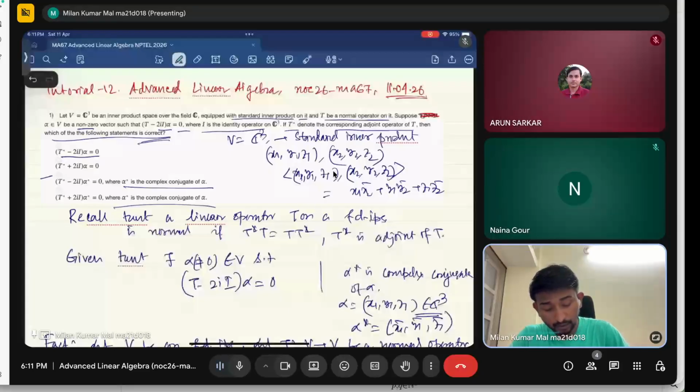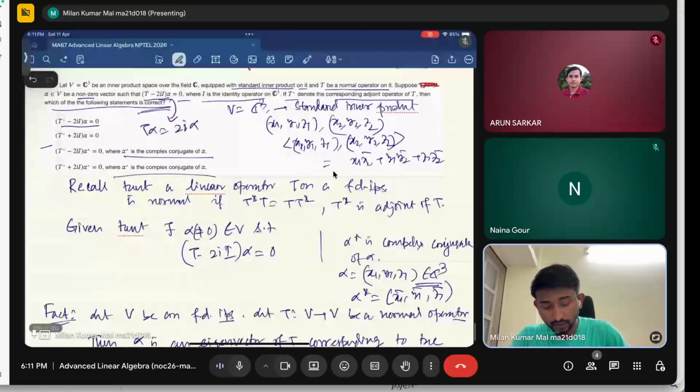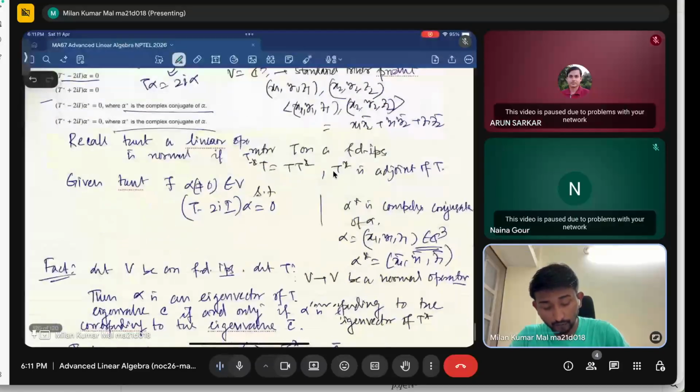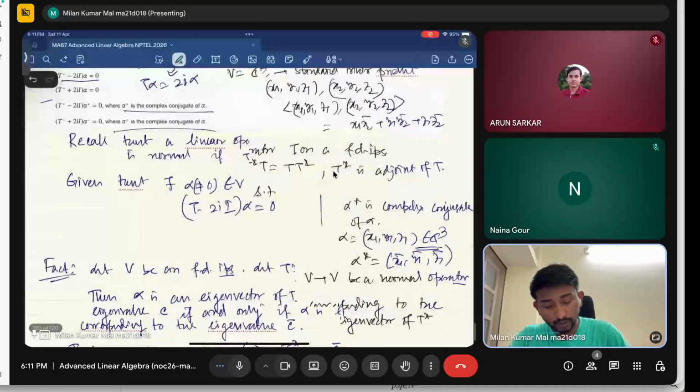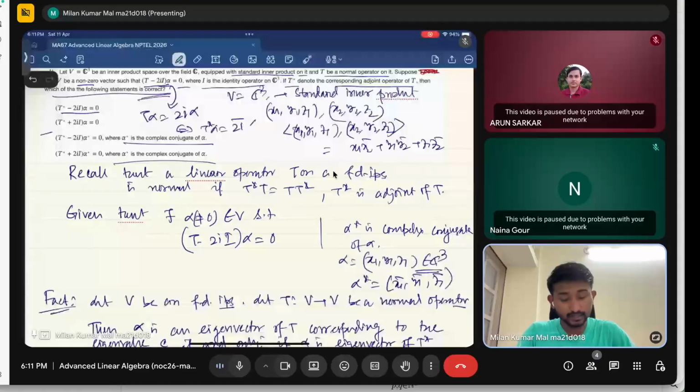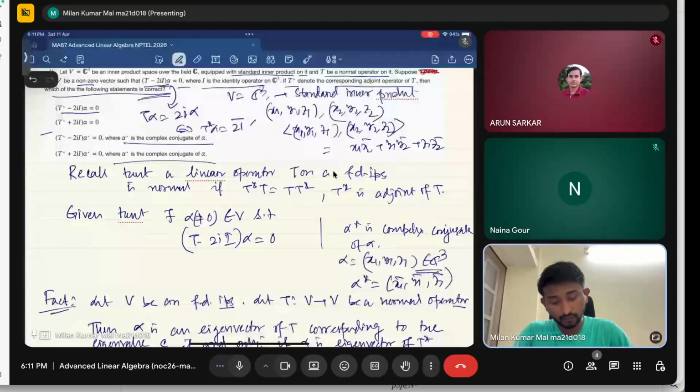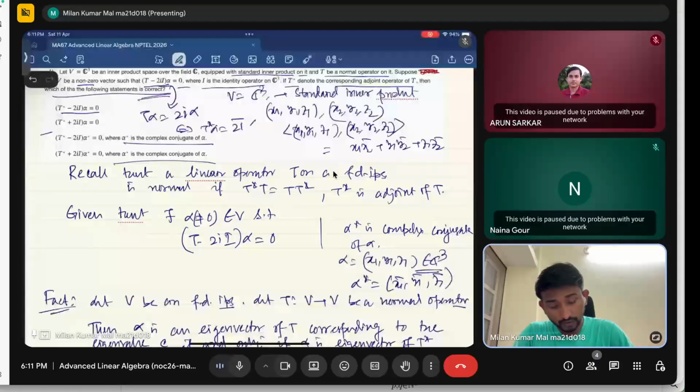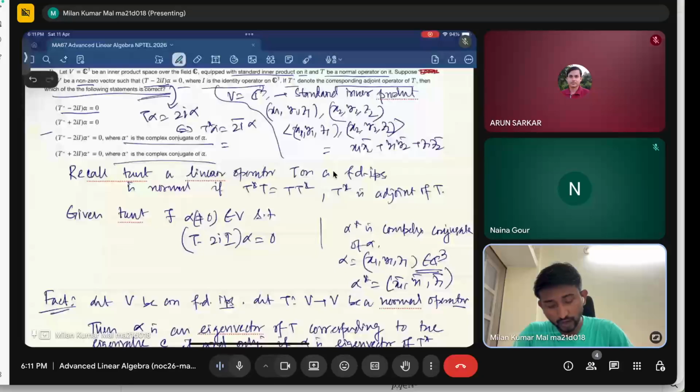So T star alpha is equal to 2i bar alpha. But what is 2i bar? I is the square root of minus 1, right? So the conjugate of i is minus i. So this will be minus 2i alpha. That will be T star plus 2i times identity applied to alpha is equal to 0. So this is the correct option.